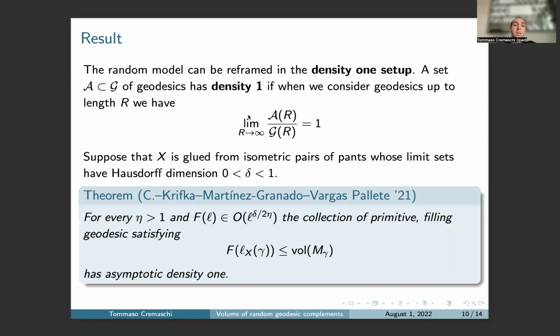And then the set that we care about, the things that we construct with that process, we call A(R). So the elements that come out of that process with length at most R are in A(R). And this has density 1 if, as R goes to infinity, the limit is 1. That just means that you might not see every geodesic that you have, but you will see a full measure proportion of the geodesics.